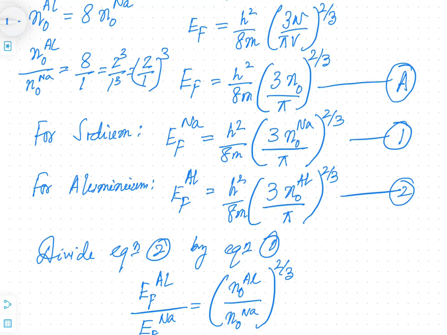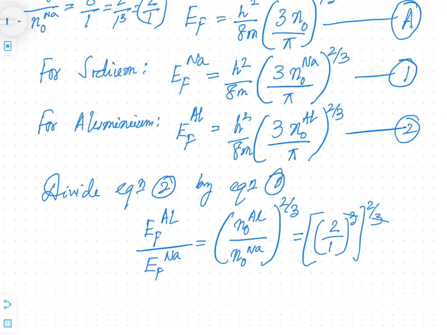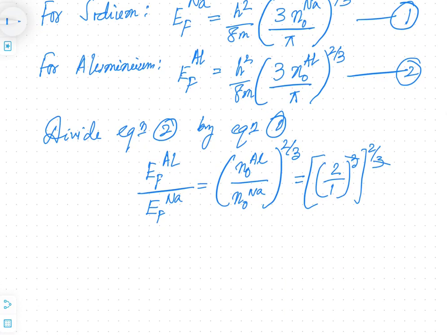So I can replace number density of aluminium by number density of sodium as 2 by 1 cube to the power of 2/3. So this 3 and this 3 get cancelled, and I'm left with Fermi energy of aluminium by Fermi energy of sodium is equal to 2 square, which is equal to 4.